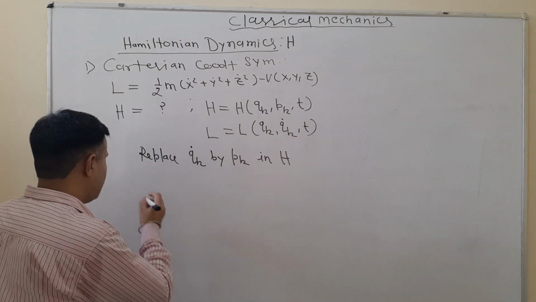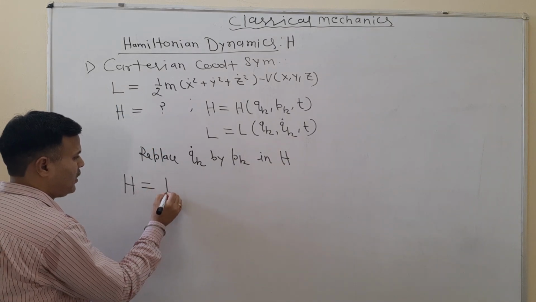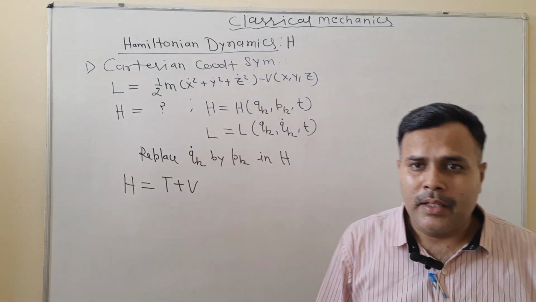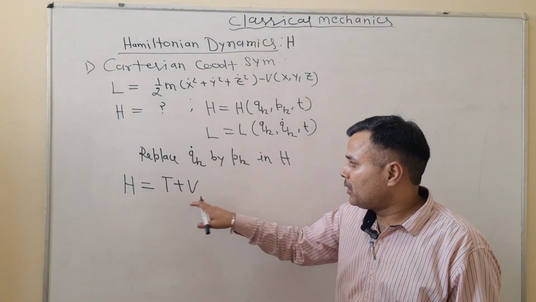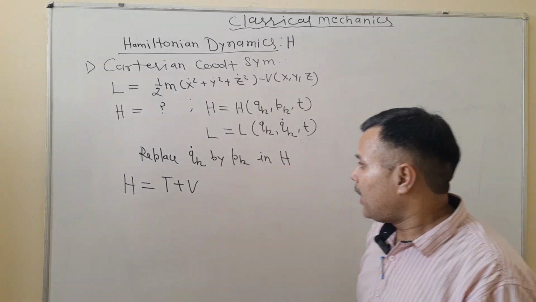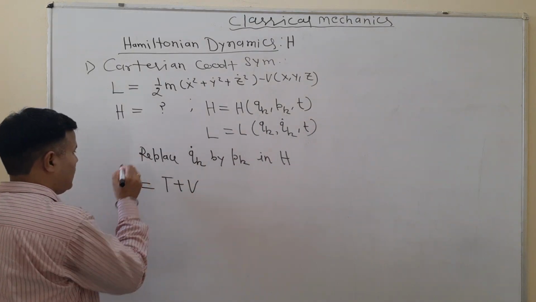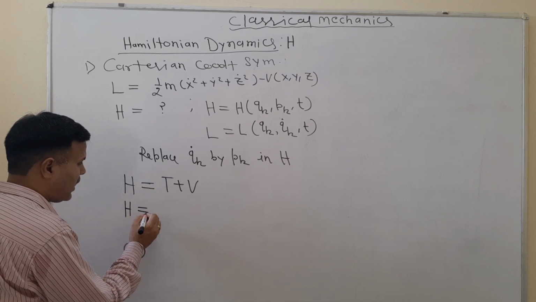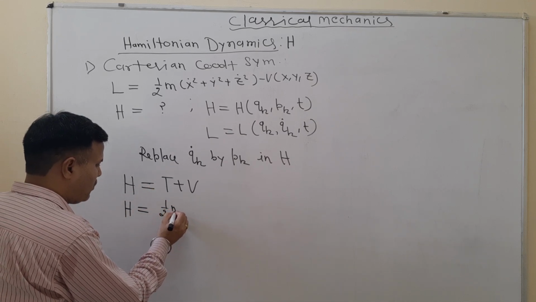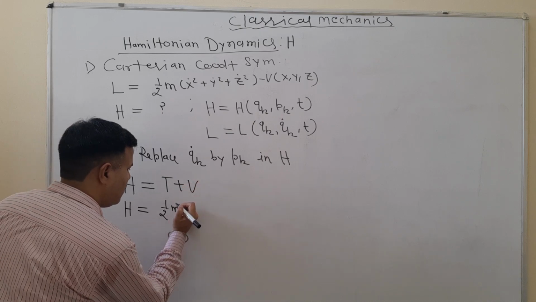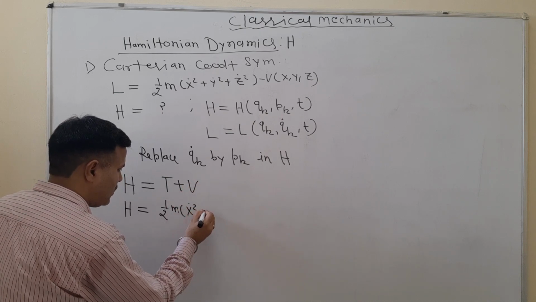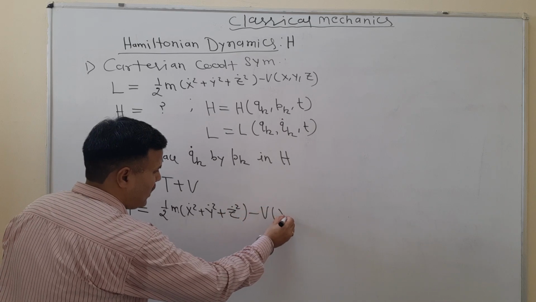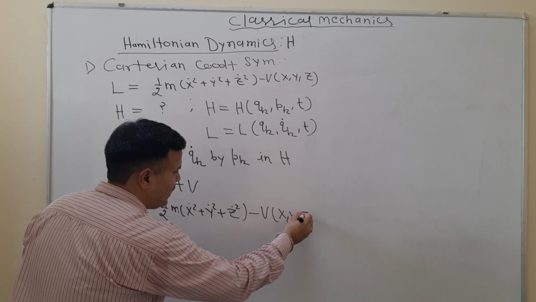So basically H is T plus V. For a conservative system, our H is the sum of kinetic plus potential energy. So H is 1/2 m (x dot square plus y dot square plus z dot square) plus V of x, y and z.